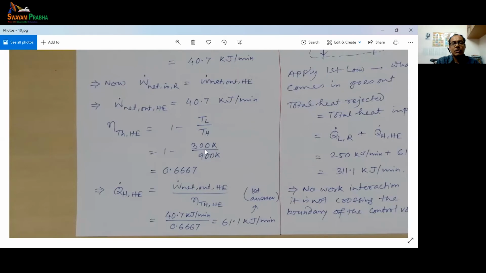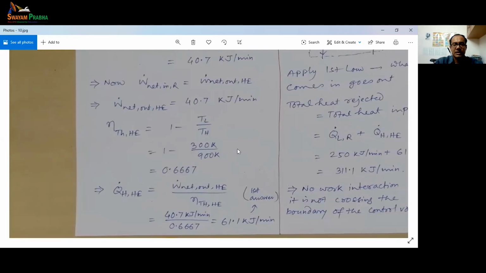Here we know the low temperature reservoir is 300 Kelvin, high temperature reservoir is 900 Kelvin. So the thermal efficiency is 0.6667 or 2/3 or 66.67%. Any form you can express it. Usually it is expressed in percent.